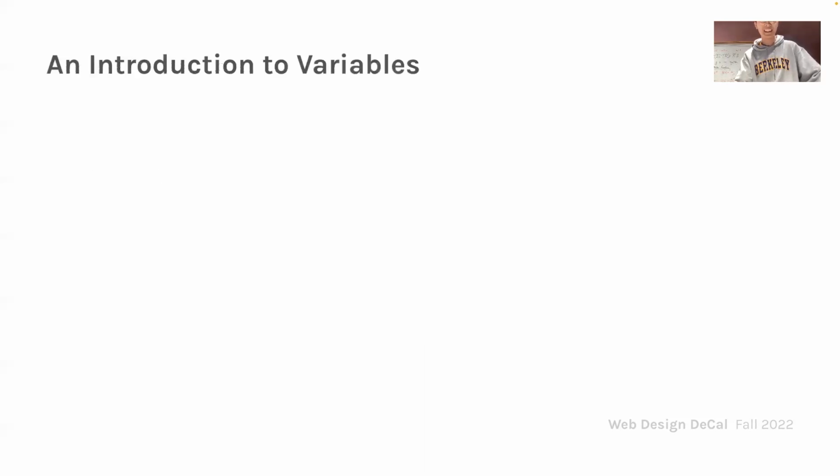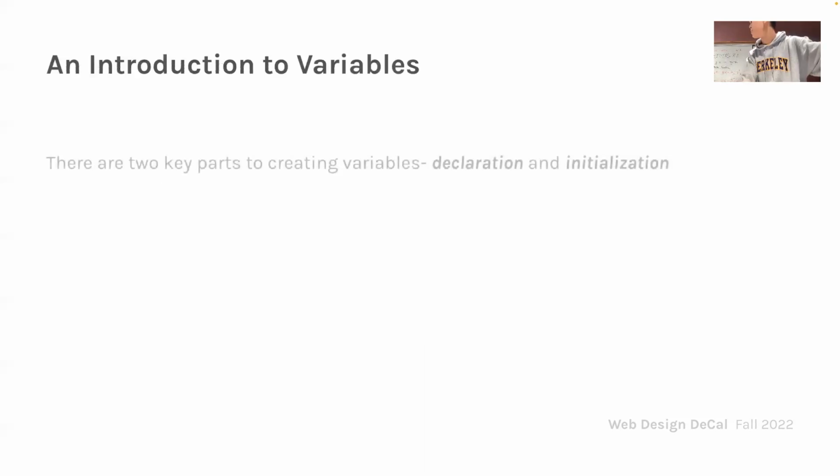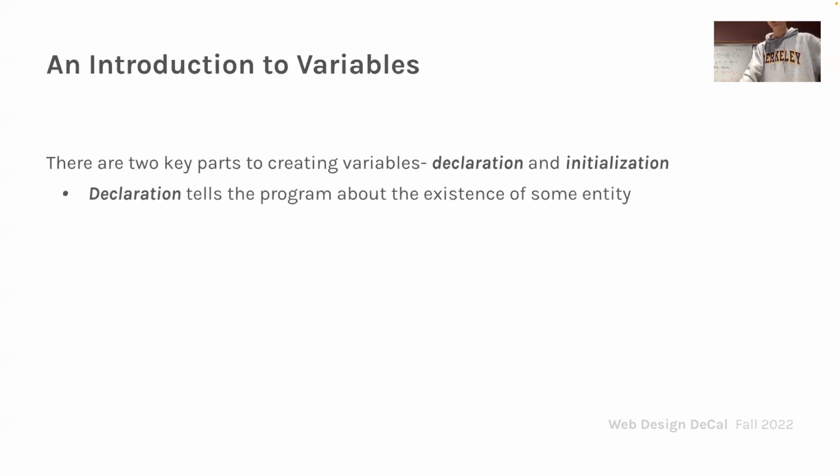So, an introduction to variables. Because JavaScript is a general programming language, we're definitely going to draw on a lot of general programming concepts. There are two key parts to creating variables: declaration and initialization. Declaration essentially tells the program, or our compiler, about the existence of something.